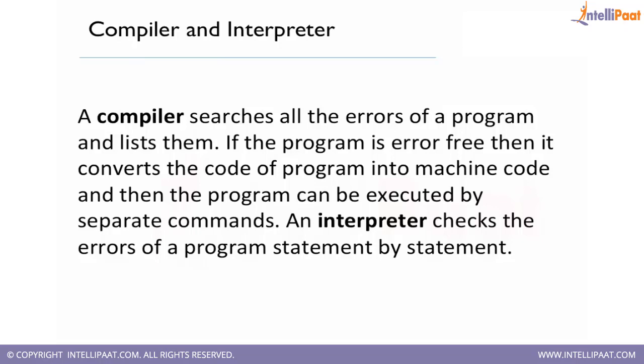And what is an interpreter? An interpreter also checks your program for errors, but it stops at the place where the first error occurs. Suppose it's scanning from top to bottom, wherever it finds the first error, it stops. It does not compile or execute your program further. Whereas a compiler scans through the complete code, finds out all the errors that are there, and lists them for you.